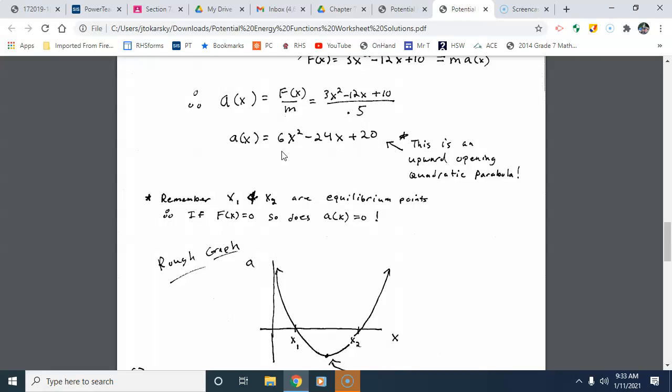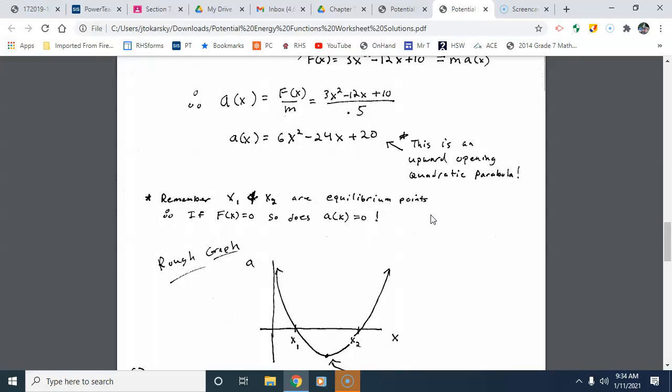All right? And we already know from past questions that positions x1 and x2 are equilibrium points. Remember, equilibrium points are where the force equals what? Nope, 0. Equilibrium points are where the force equals 0.